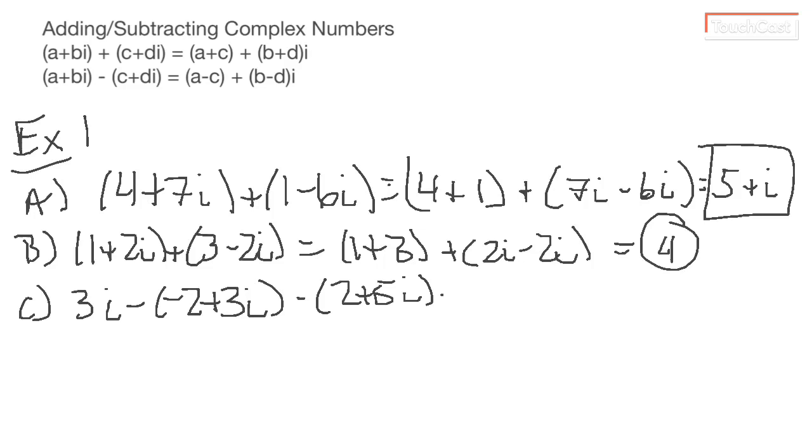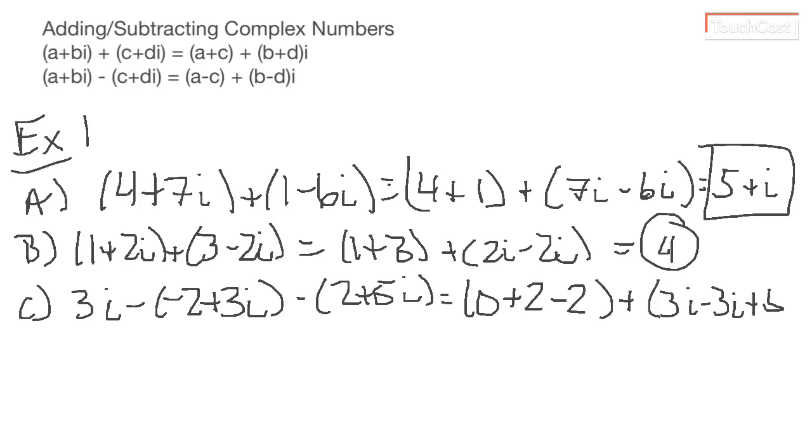Now, there is a real part to that first one with the 3i. The real part is just 0. So we're going to go 0. If we minus a negative 2, that's the same as adding 2. Minus, we've got another 2. Then we add to that 3i minus 3i plus 5i.